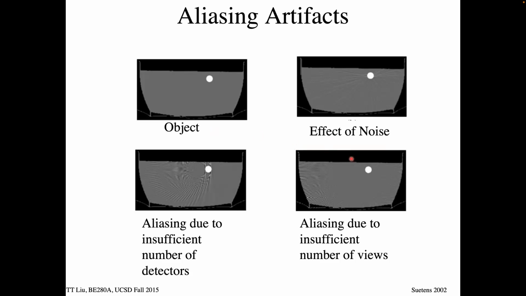If you have an insufficient number of views, as we've already seen with the artifacts in the examples above, you start to get a reasonable-looking image inside a subfield of view, but in the undersampled region, where you don't have enough projections, you will see these streaks coming off.